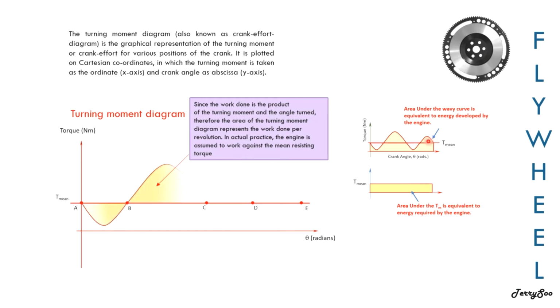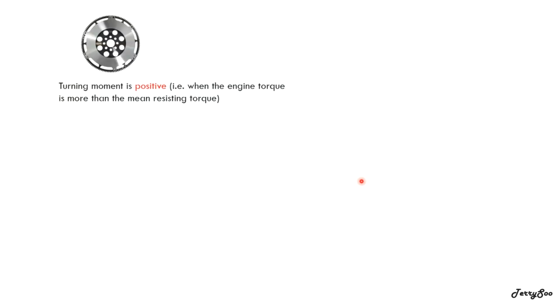In actual practice, you can equate both of these areas in order to find out the mean resisting torque. The turning moment is positive when the engine torque is more than the mean resisting torque.